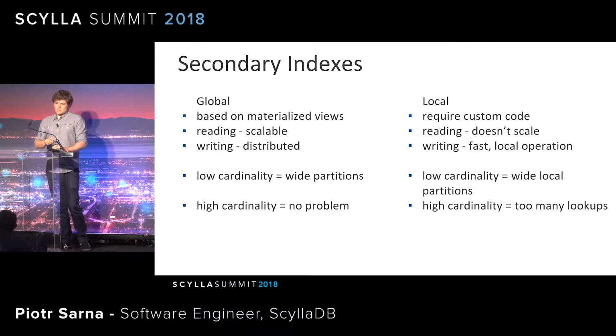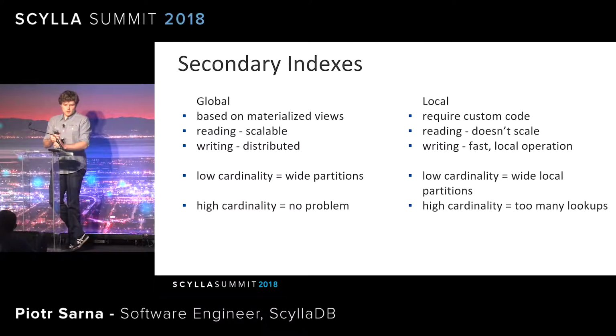And that makes reading and writing scalable because it's a distributed operation. Local indexes, on the other hand, local indexing means that we keep a local structure for every partition that stores our data. So writing to it is really fast because we just update a local structure, but reading is not scalable at all because we need to contact all the nodes.